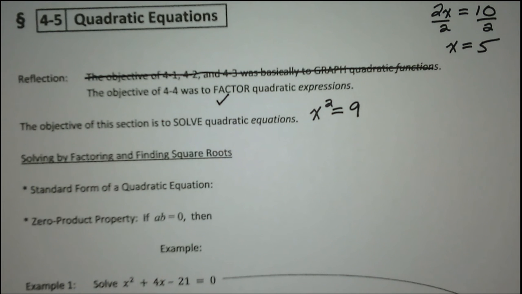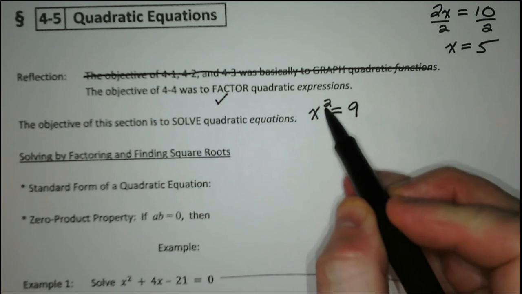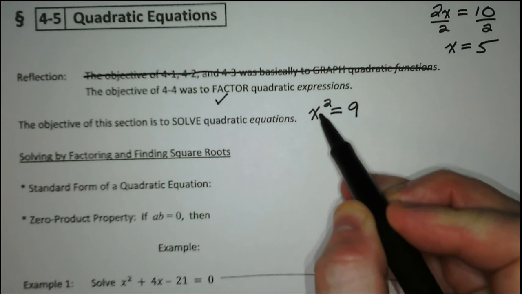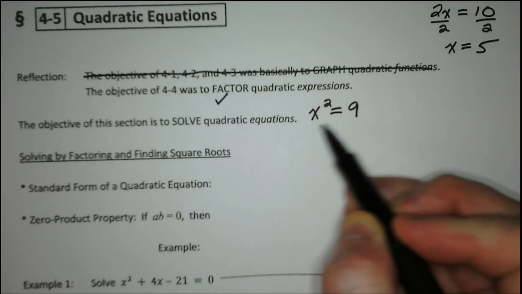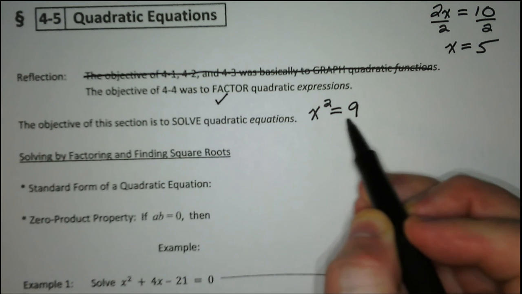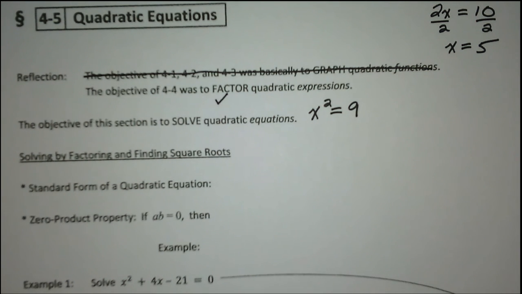I can't emphasize that enough. A quadratic equation essentially means that now the power on your variable is the power 2. So now look at this. This is about as basic of a quadratic power 2 equation as I can throw at you right now to get your feet wet a little bit.